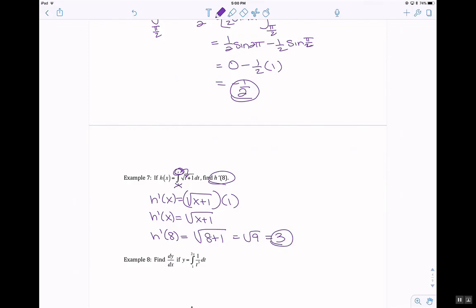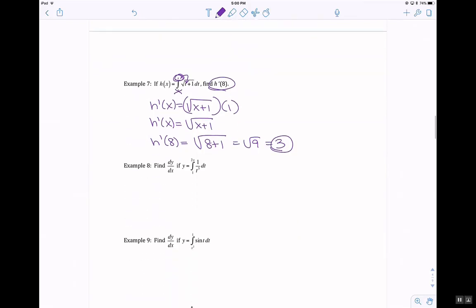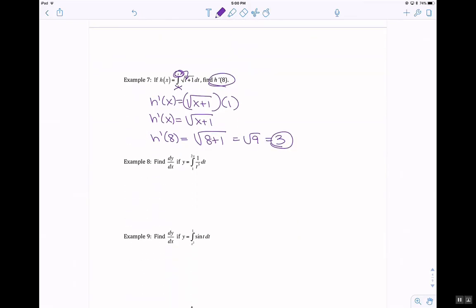So we'll do it again. Find your dy dx. So I'm going to take my 2x, I'm going to plug it in for t. So dy dx is equal to 1 over the quantity 2x cubed, times the derivative of 2x, which is just 2. So I get 2 over 8x cubed, which is 1 over 4x cubed.